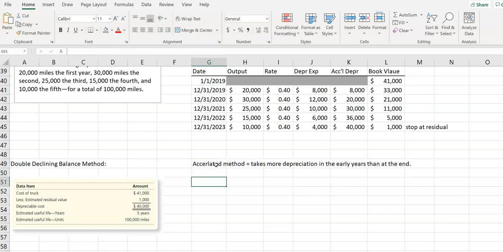A lot of corporations use double declining because they like that accelerated method. It lowers their taxes because they have a higher depreciation expense, which means they have a lower taxable income.